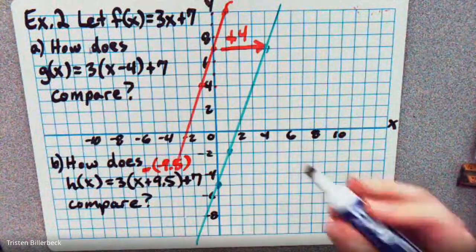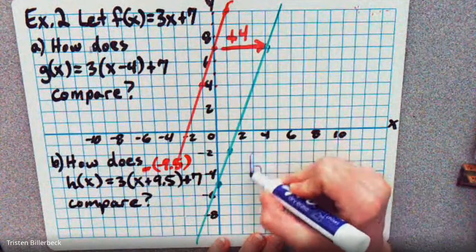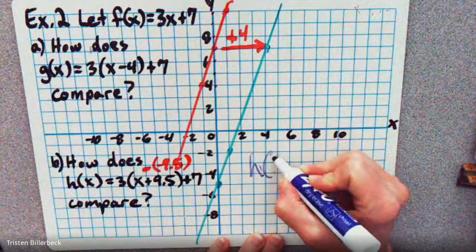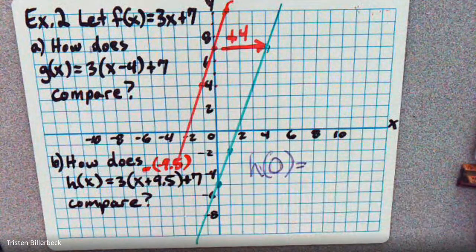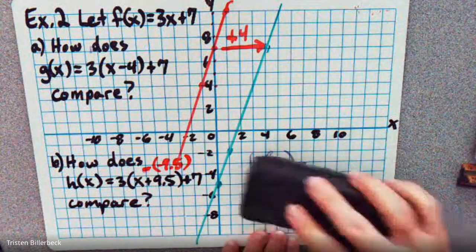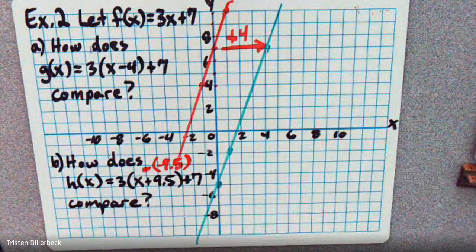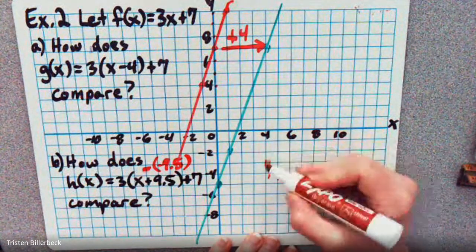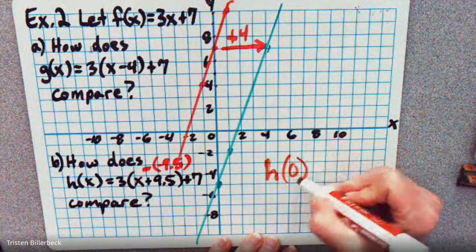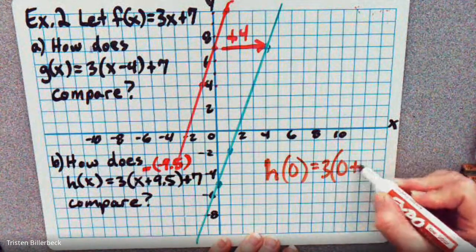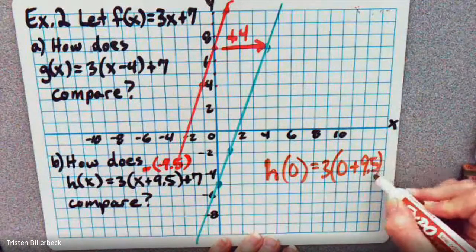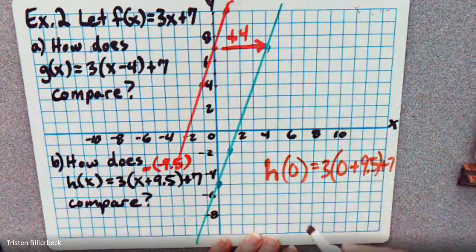Okay, so let's go ahead and calculate a few h of x's. So if we have h of 0, I think I'm going to get a different pen. Okay, so h of 0 we have 3 times (0 plus 9.5) plus 7.